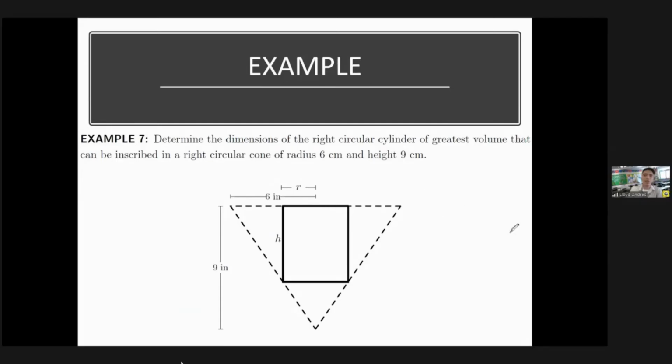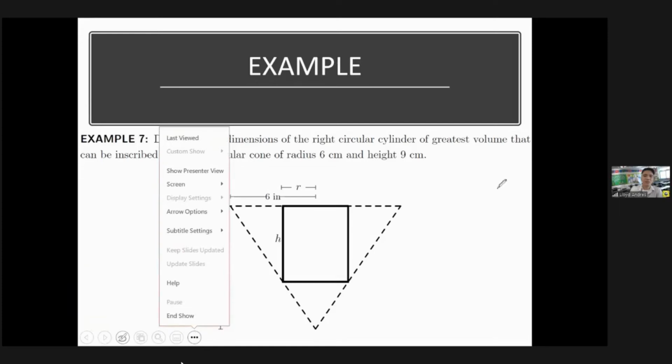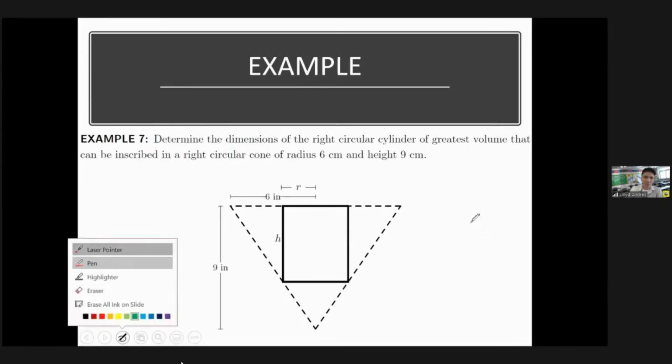Natingala lang gyud ko kay nganong na. Okay, direta.